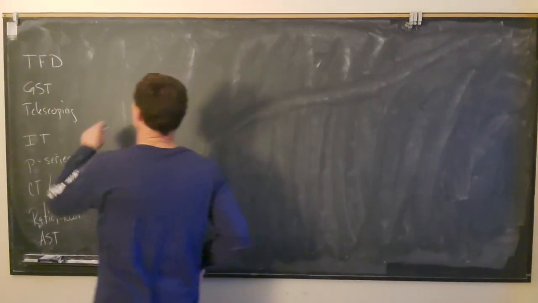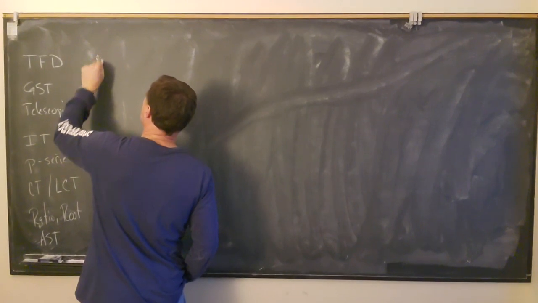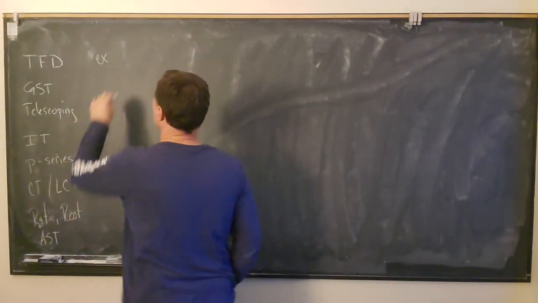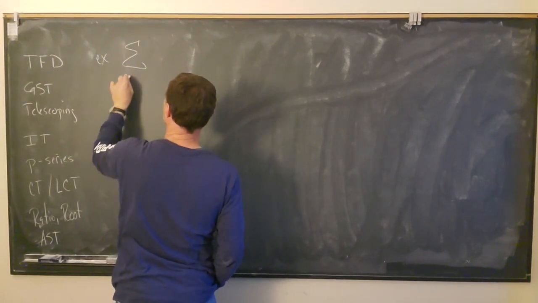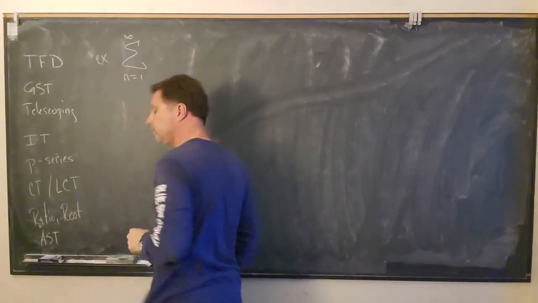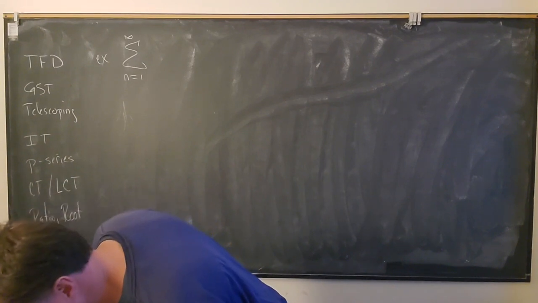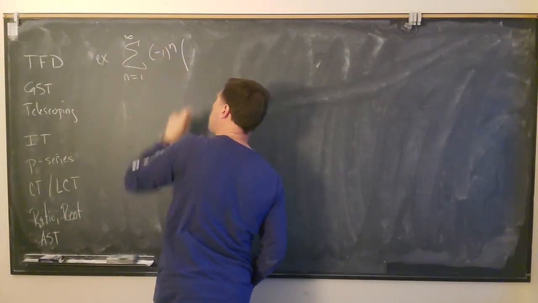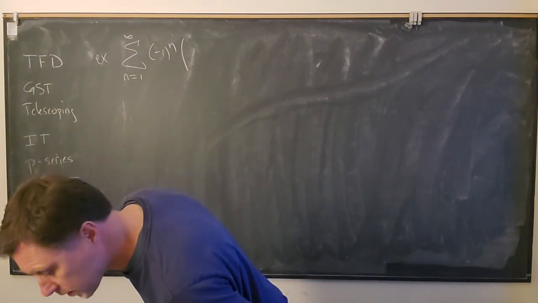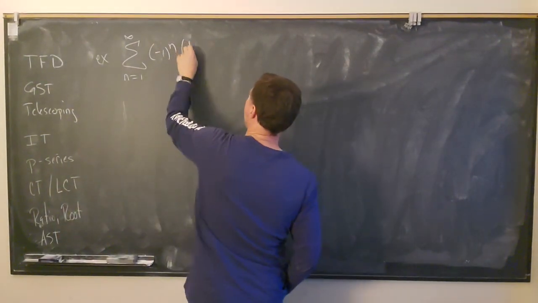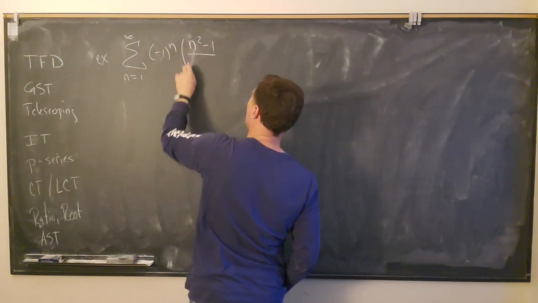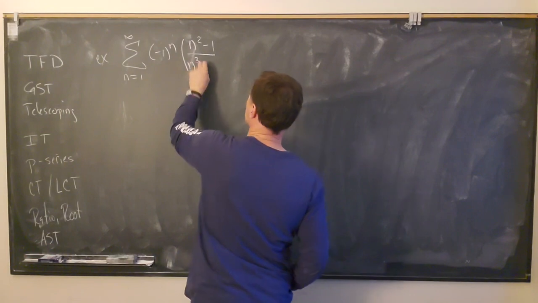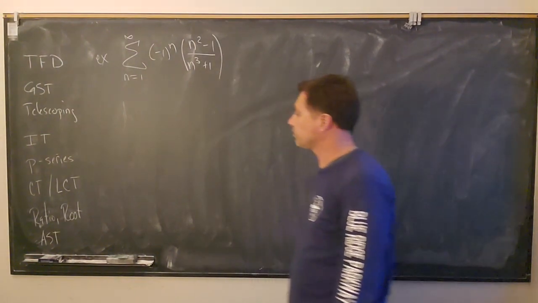So the first one I want to look at is the sum from n equals 1 to infinity of minus 1 to the n, n squared minus 1 over n cubed plus 1.